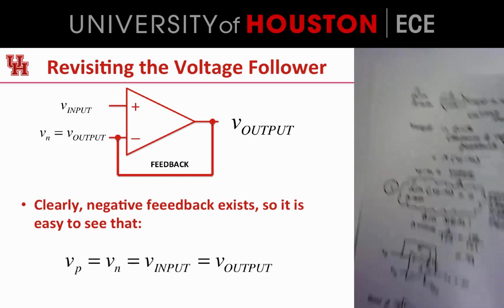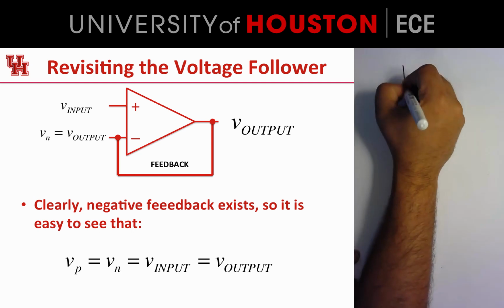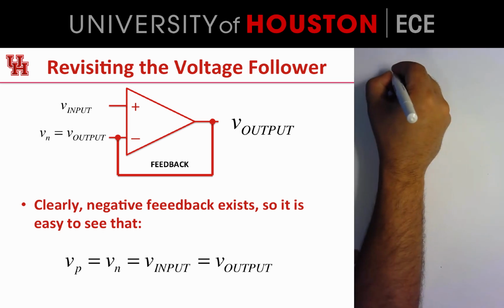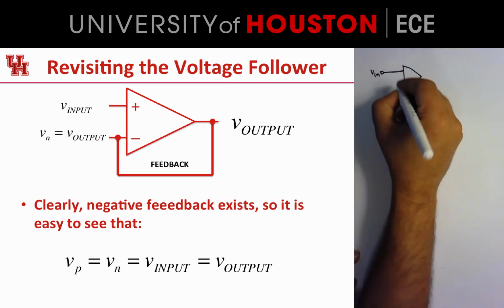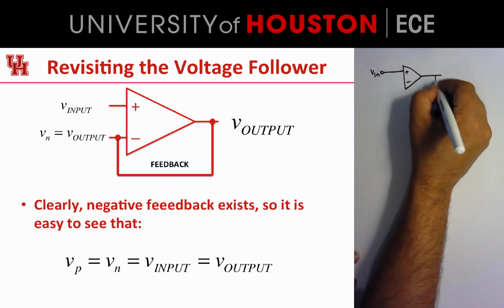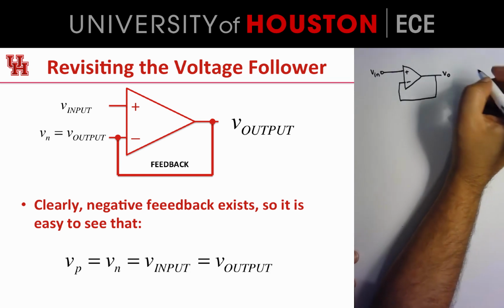Let's revisit our voltage follower. You've got the op-amp, you've got the input voltage, V input, and you've got a wire going from here to here. This is our V output.